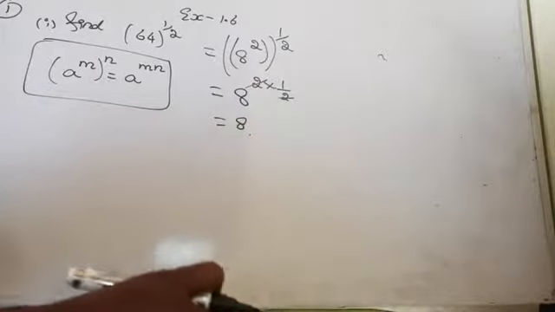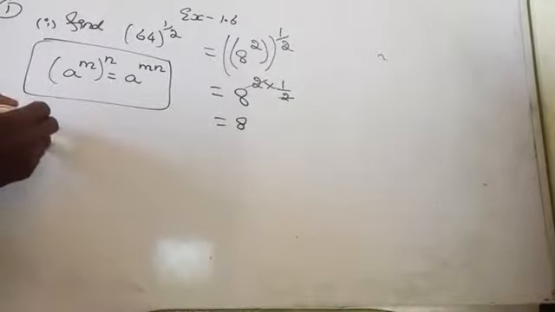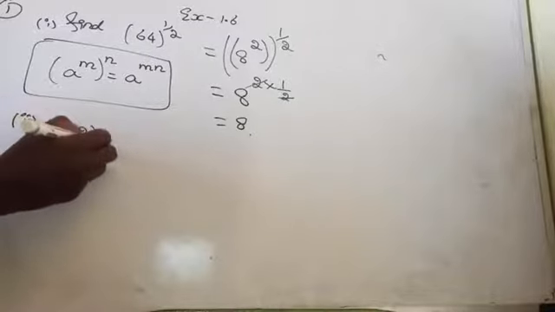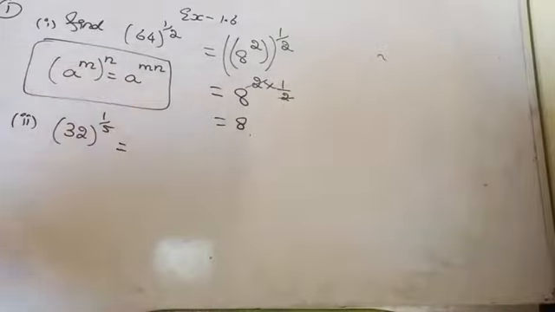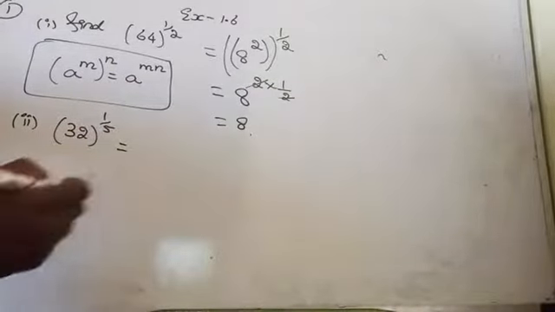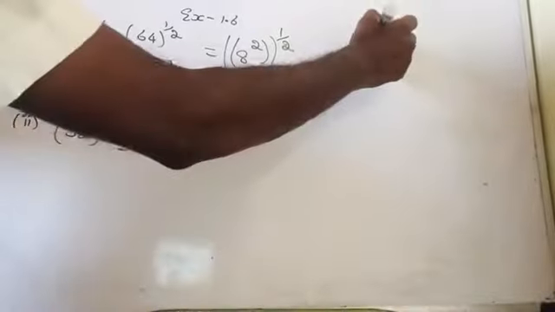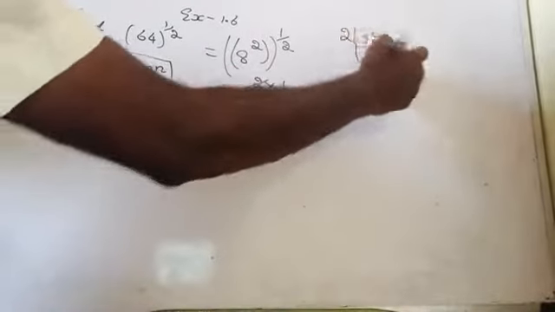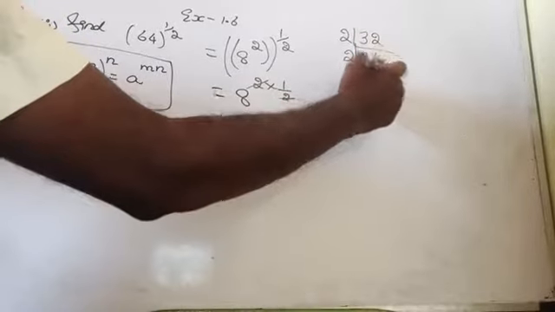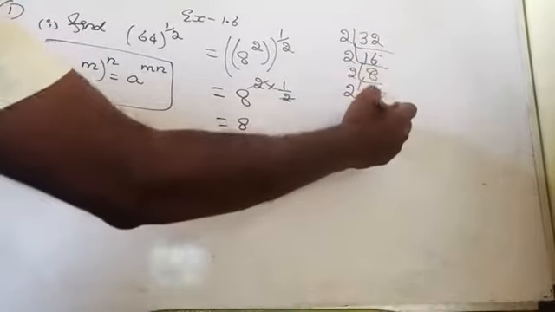32 the whole power 1 by 5. So 32 can be expressed as 2 to the power 5. If you don't know, just do the prime factorization of 32. Already you learned 16, 8, 2, 4, 2.